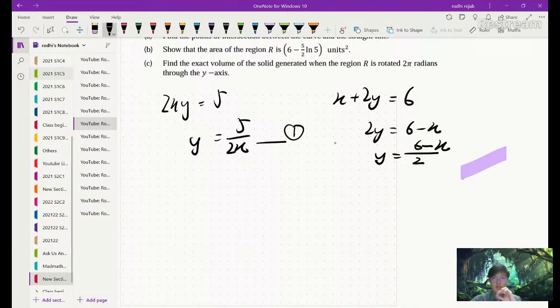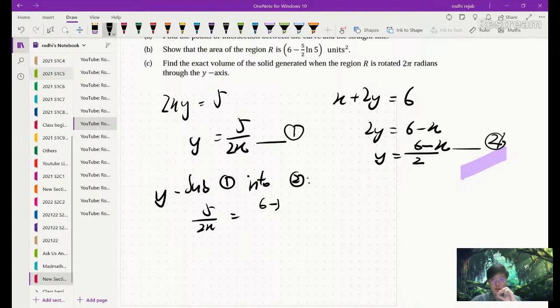Let this be the first equation, and this is the second equation. Substitute equation 1 into equation 2. We will get 5 over 2x equals 6 minus x over 2.